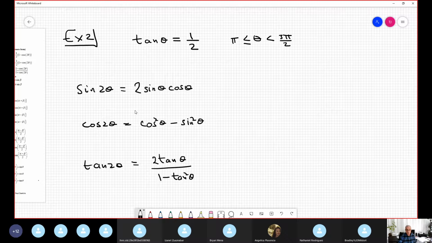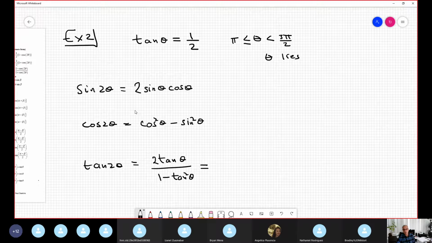And tangent is given. So if you want, you start with this because tangent is given. By the way, in what quadrant does theta lie, according to this bound between pi and 3 pi over 2? Third quadrant.